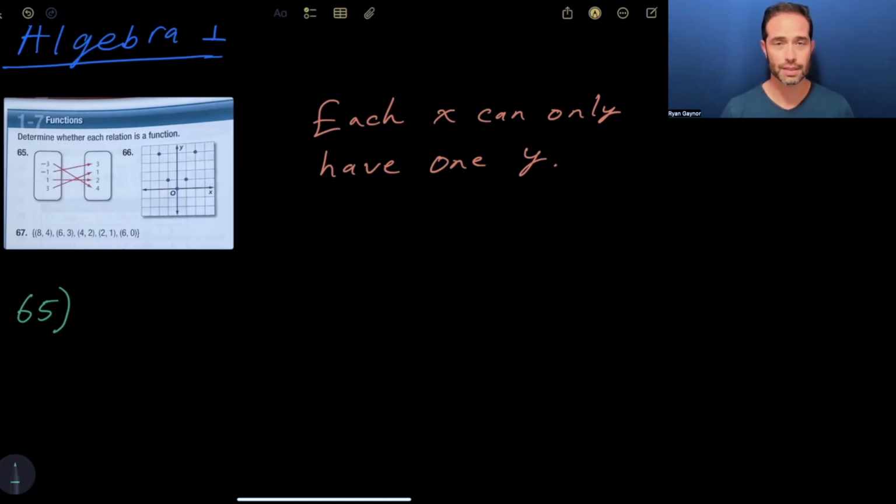So, in this case, each x only has one y. So, yes, it is a function.